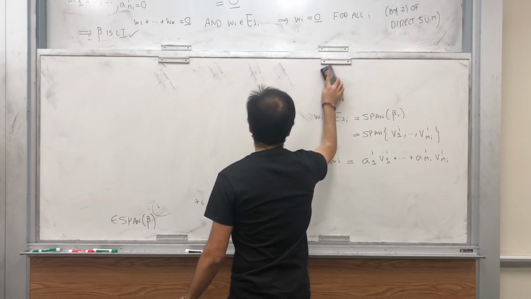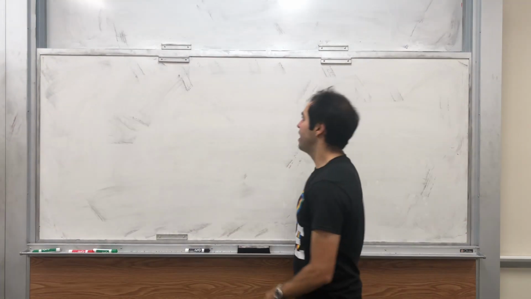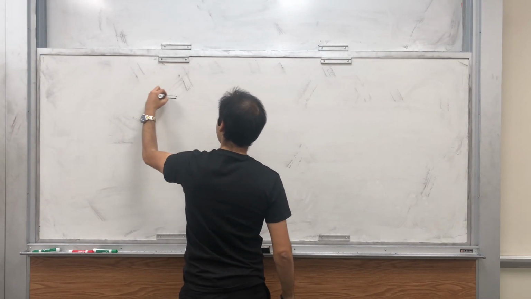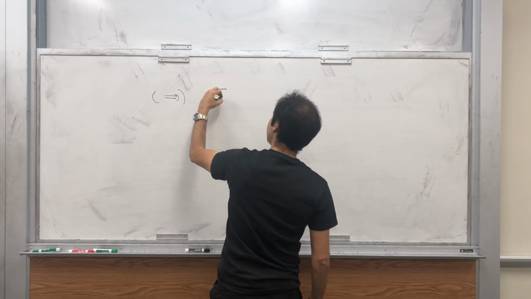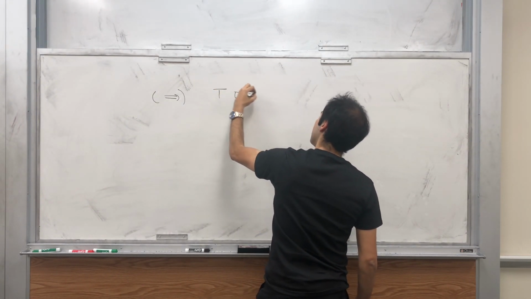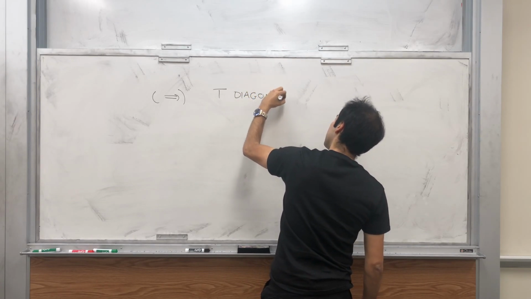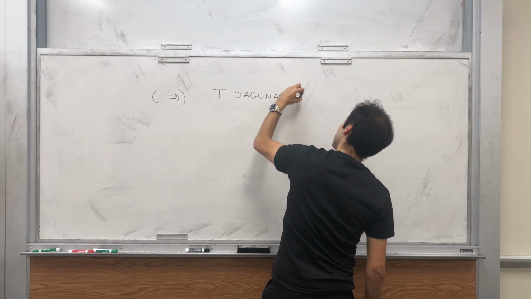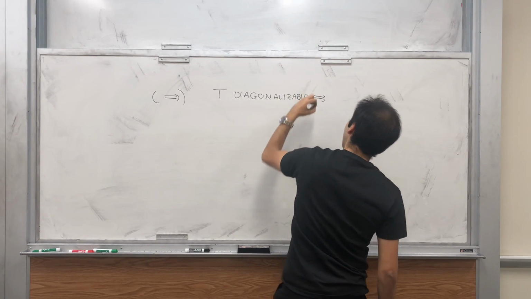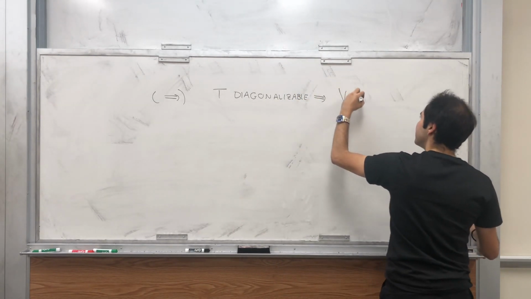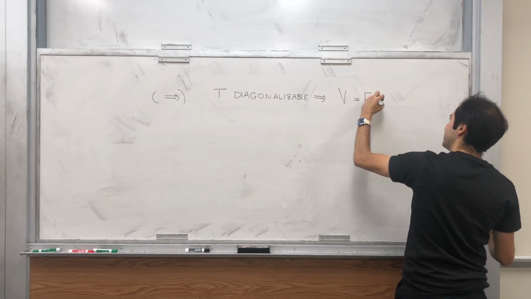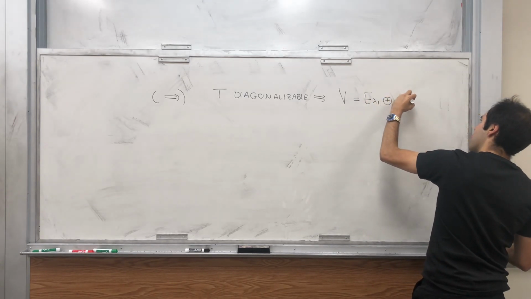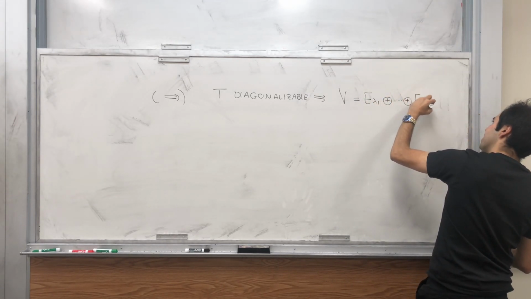Now let's show the converse. Now let's prove the forward direction. So let's show that if T is diagonalizable, this implies that V is the direct sum of the eigenspaces E_lambda_k.